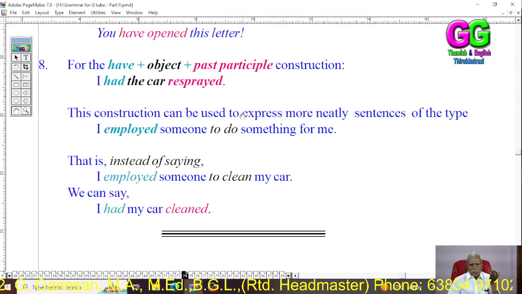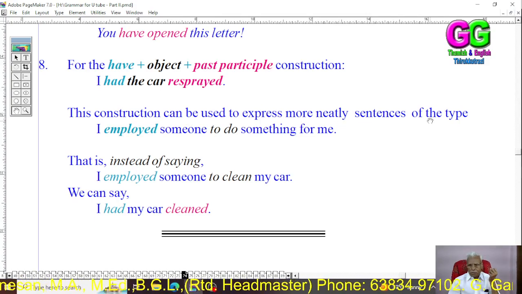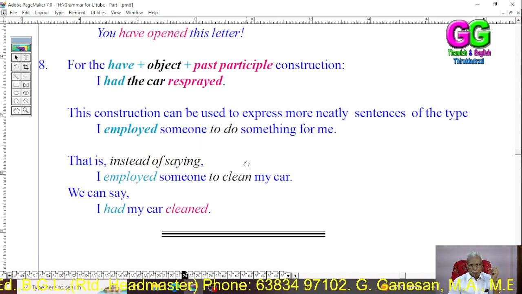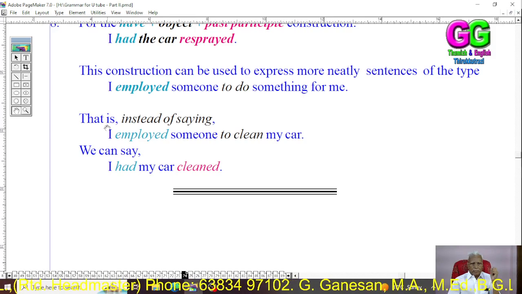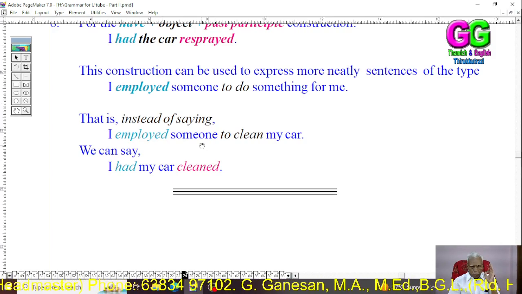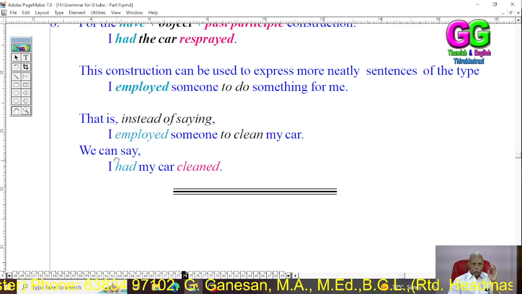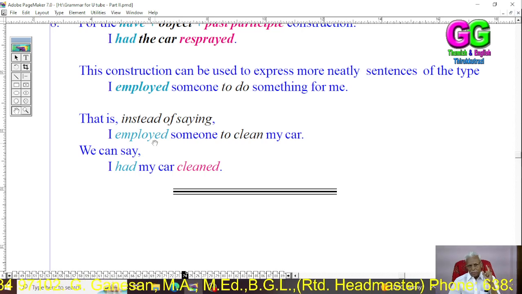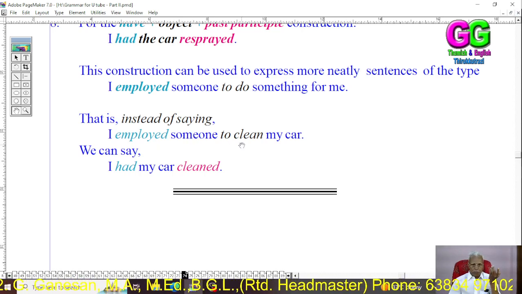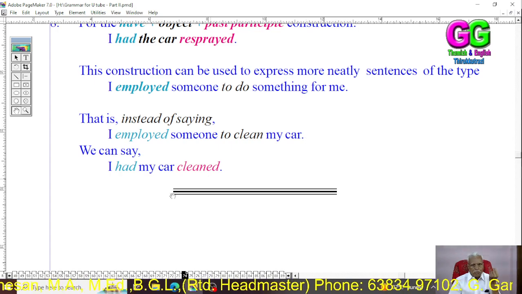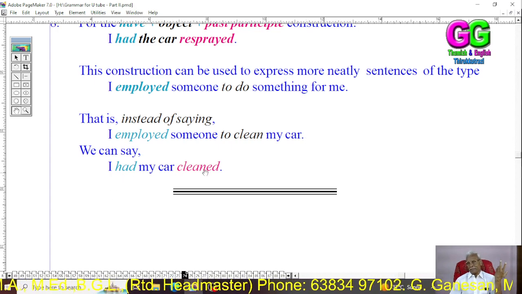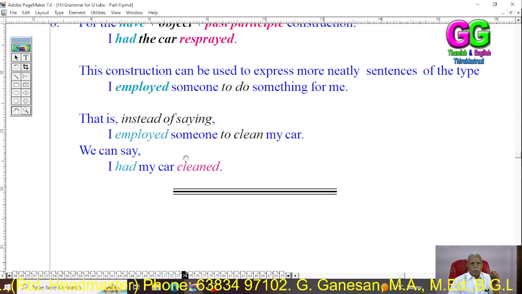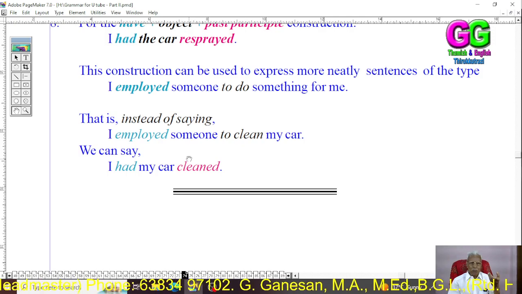This construction can be used to express more neatly sentences of the type: I employed someone to do something for me. That is, instead of saying I employed someone to clean my car, you can say I had my car cleaned. This is the neat way of expressing without hurting the feelings of others.